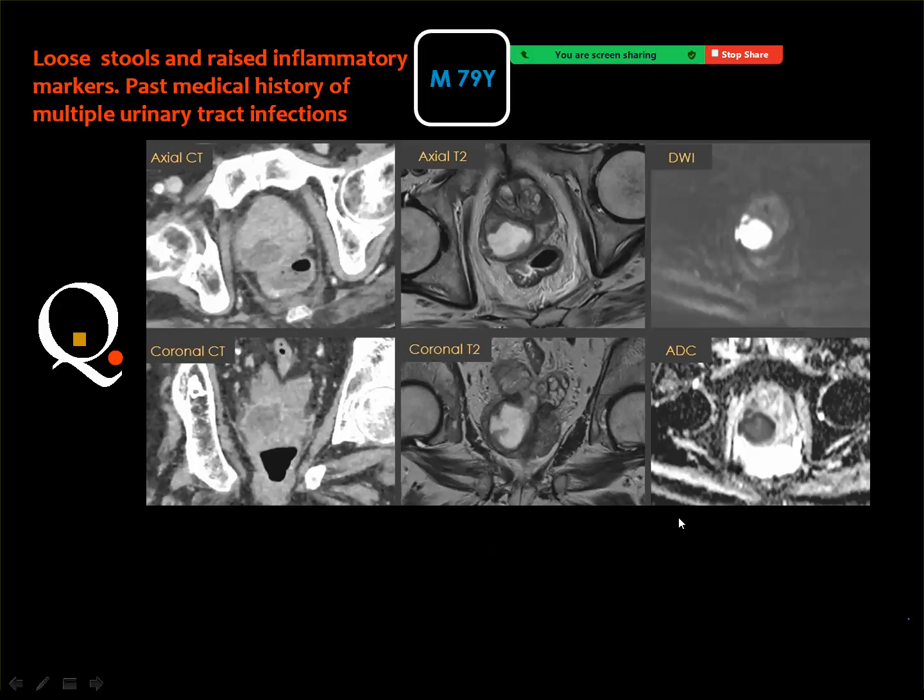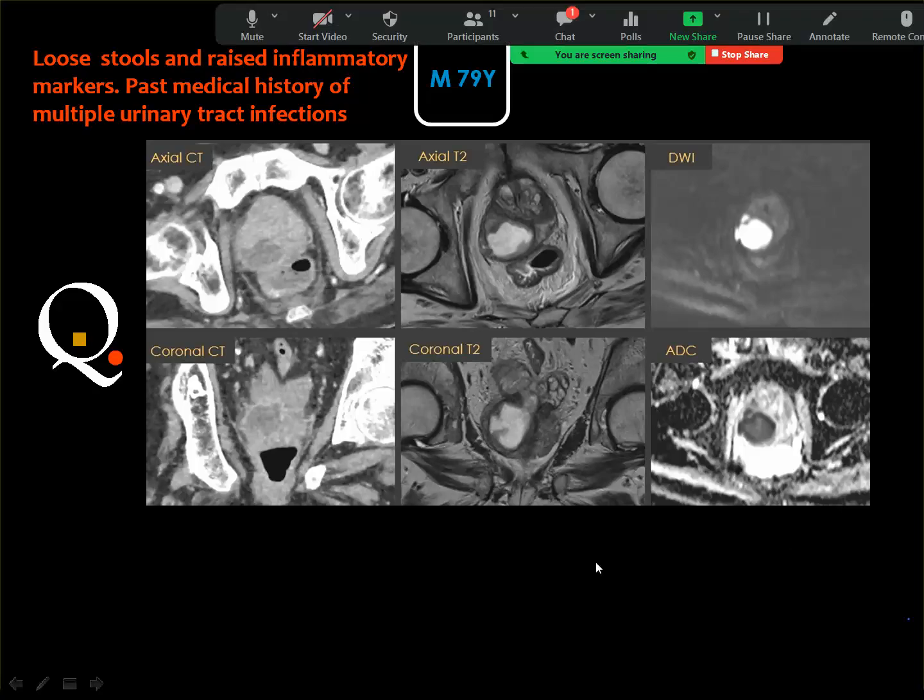Diversion of the urinary pathway may be to the colon, where the ureters are implanted into the colon, but this is a direct communication between the urethra and the rectum.